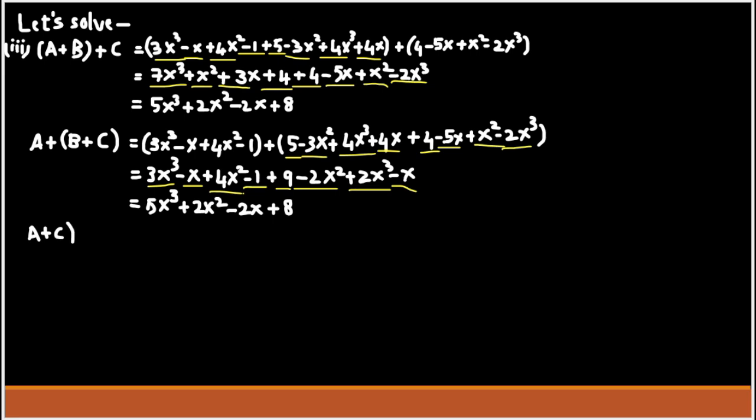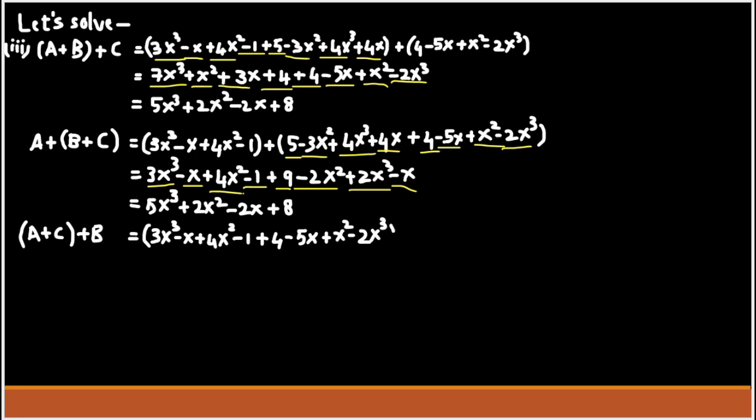So we get minus 2x, and minus 1 from a plus 9 from the sum which is plus 8. So a plus (b plus c) equals 5x cube plus 2x square minus 2x plus 8.